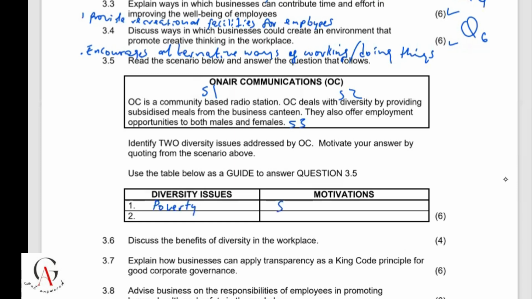And then this is sentence 2. Remember, you don't say sentence 2 when you write the sentence fully as it appears in the scenario. So now the last one, they say they also offer employment opportunities to both males and females. So now this is nothing but gender. So now this is going to be sentence 3. You take this as sentence 3 exactly the way it appears.